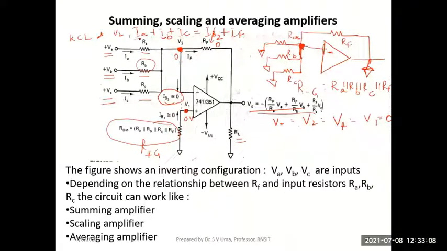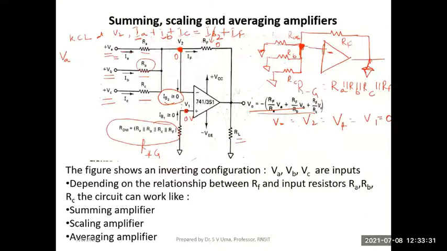Now our job is to write the value of currents as voltage divided by resistance. So can I write the value of IA in terms of the voltage to resistance ratio? What is the voltage drop across this resistor RA? It is VA.